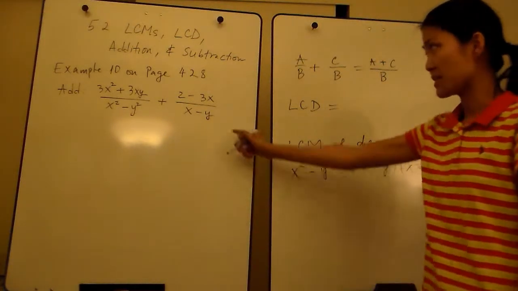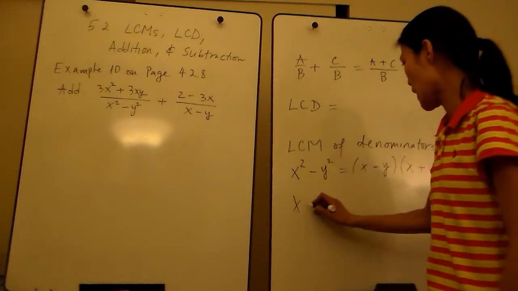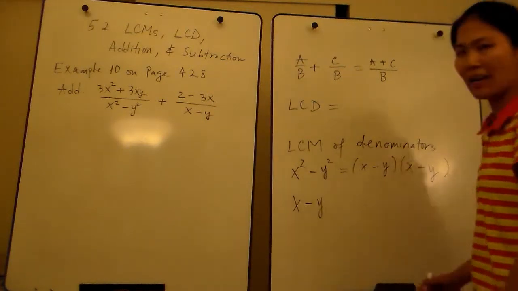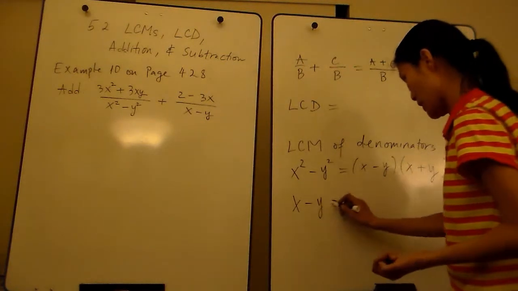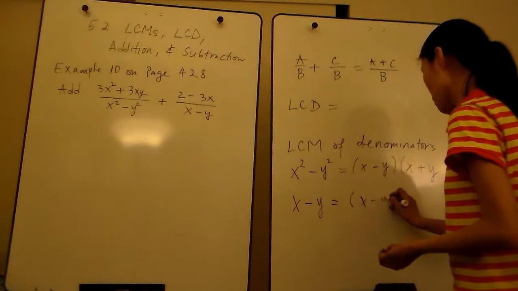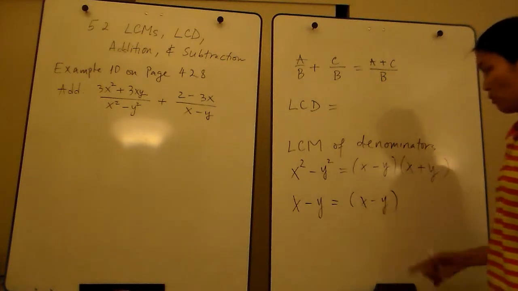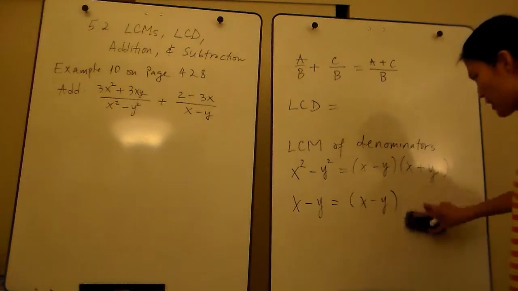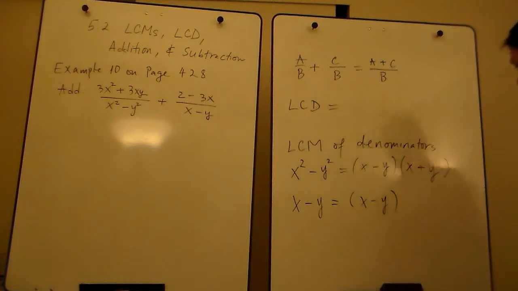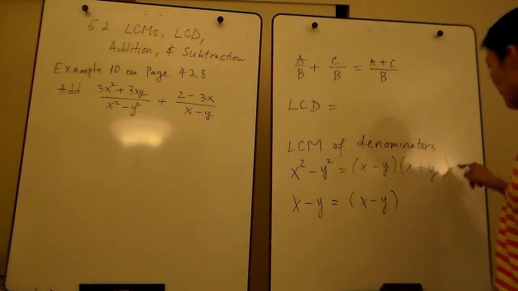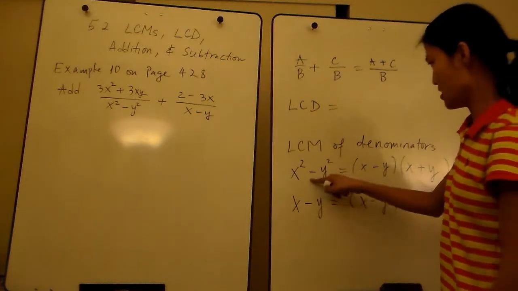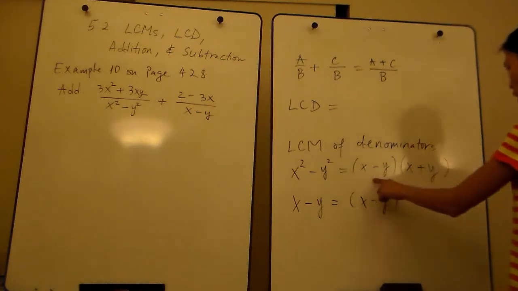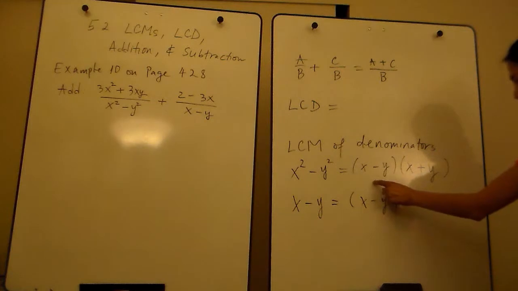Alright, let's look at the second denominator, which is x minus y. Now, x minus y cannot be factored any further, because x minus y is just x minus y. The only thing you can factor is times 1, but we don't need to write the 1. Now, the first denominator has x minus y as its first factor, and the second factor is x plus y.